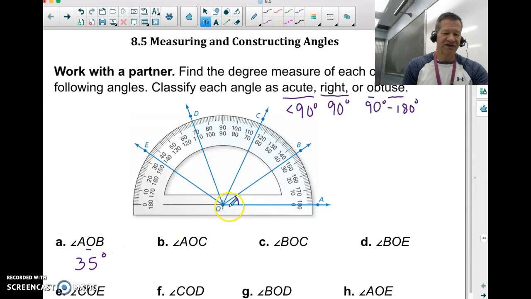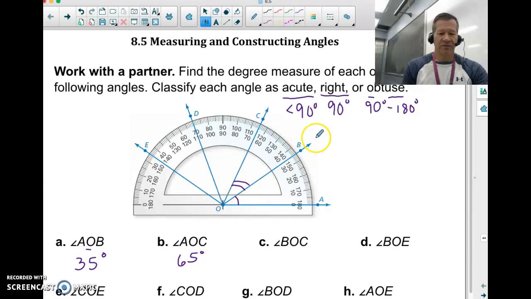Well, what about AOC? Again, A is at 0, goes over to O, and then C is pointing up here. Since we're starting at 0, look at the inside numbers. So 65 degrees is where C is pointing. Now BOC. We're looking at this angle right here.